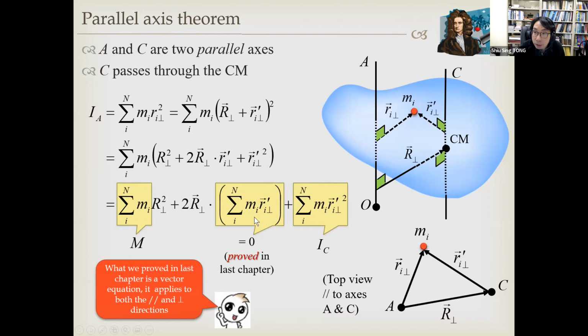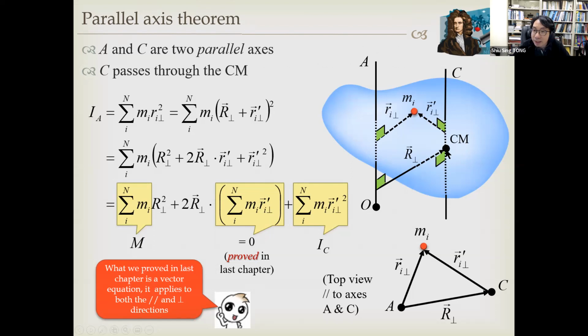But when we discussed the center of mass concept in the last chapter, we already showed that this is equal to 0, because every vector that points to a mass begins at the center of mass position.